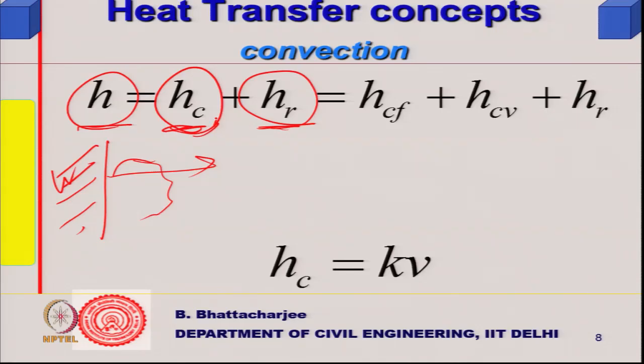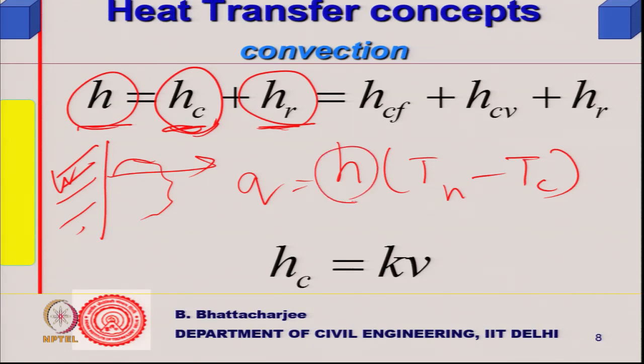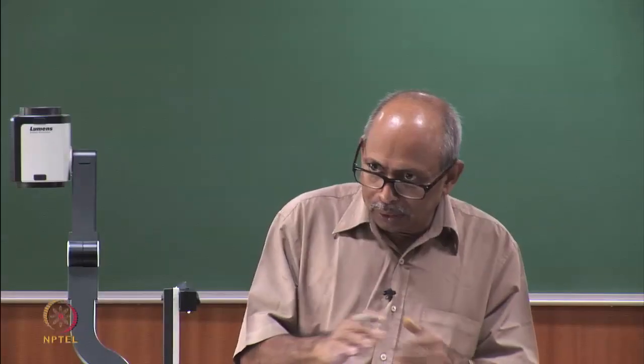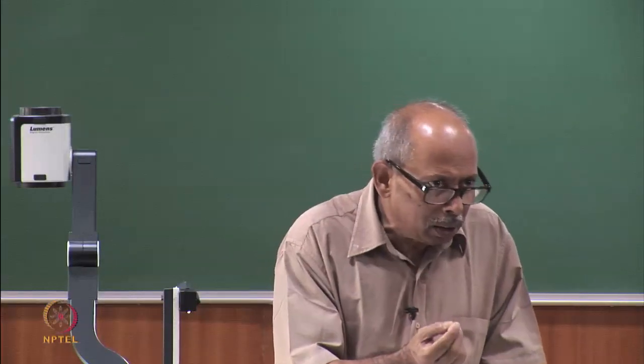But this one will again have two components. What are those two components? We wrote that Q was proportional to T h minus T c. Now, supposing I have an air stream moving at the surface, the temperature difference will cause convection. What is convection?